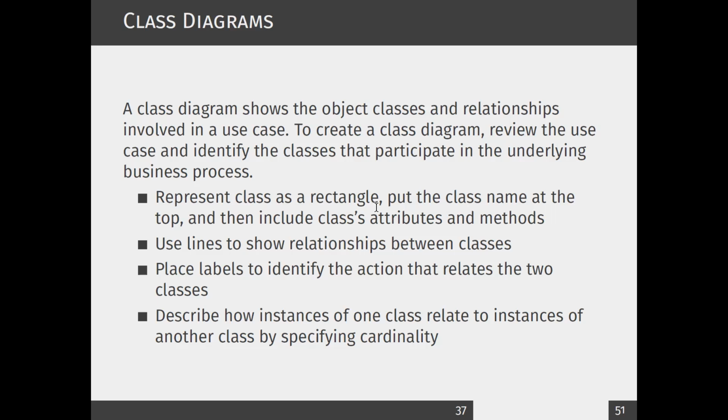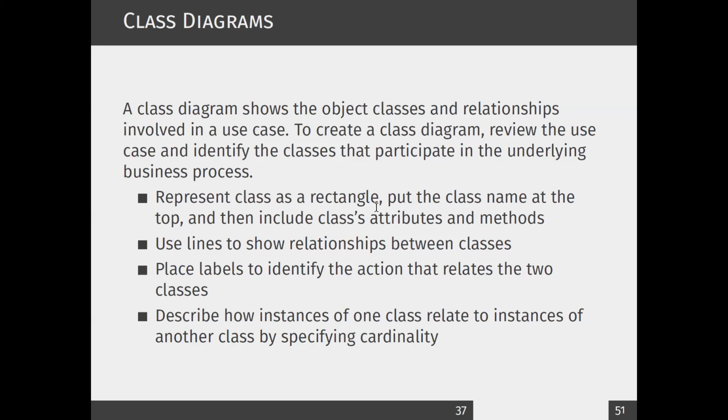We can use a class diagram to show the classes and their relationships in a use case. Usually to create a class diagram, you get a use case, identify the classes, and then represent the class diagram.